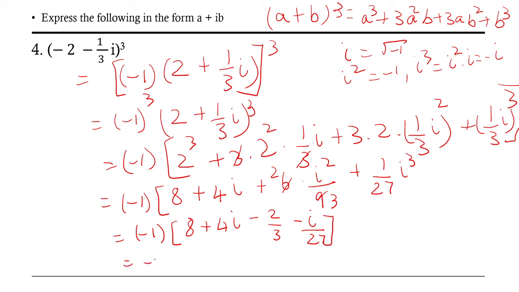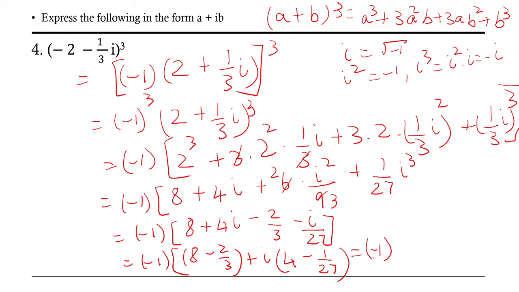So this is equal to -1 into (8 - 2/3) plus i into (4 - 1/27). Now this is equal to -1 into, I am taking LCM, 8 - 2/3 is, here 8 3s are 24, so (24 - 2)/3, plus i into 27 into 4 is 108, (108 - 1)/27.